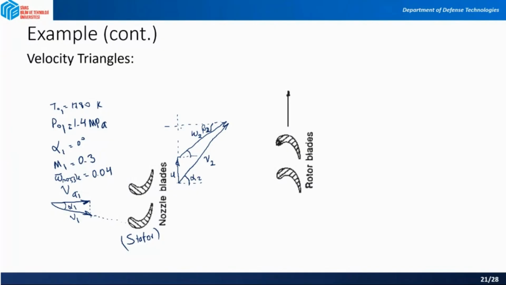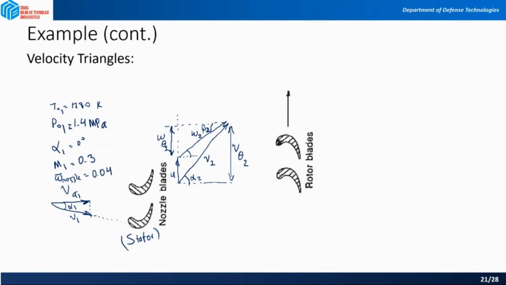This is the component of your W2 in tangential direction, W theta 2. And also this is the component of V2 in tangential, so this is V theta 2.